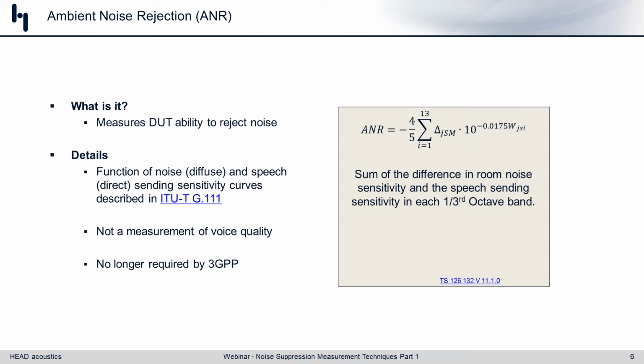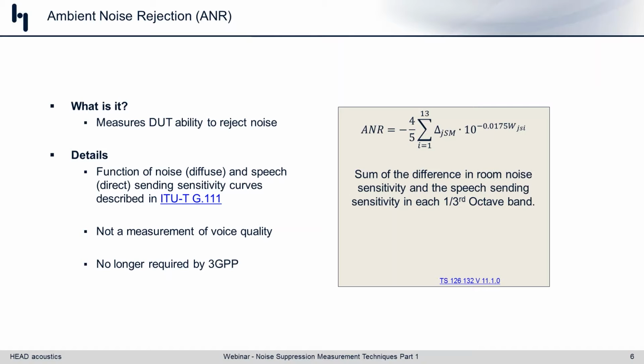Now, ANR, or the ambient noise rejection, is very similar to D-value, although we apply a slightly different weighting function, and there's a slightly different measurement technique as well. We'll get into that in a minute. If you look at ITU-T G.111 for the details, you'll see that we essentially do the same thing.